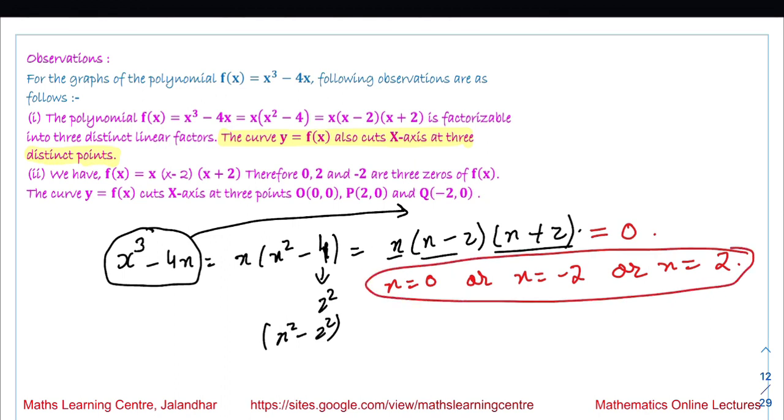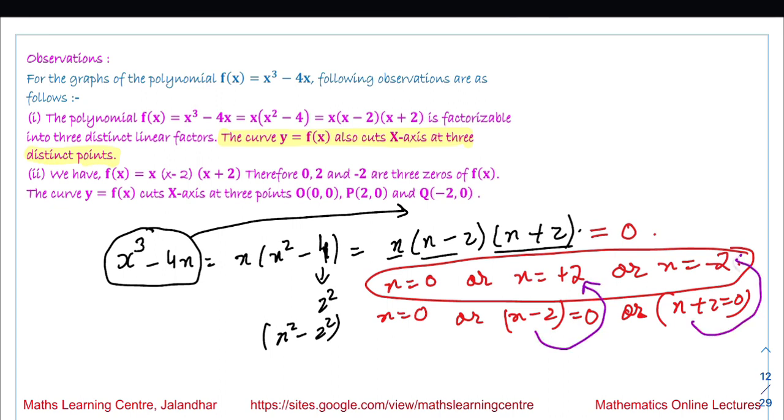Why are we getting this? We are getting x is equal to 0, or x minus 2 is equal to 0, and next x plus 2 is equal to 0. When you solve this, you get x is equal to 2.